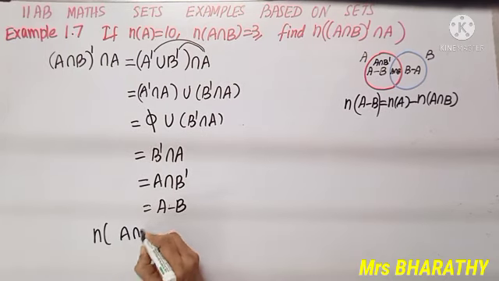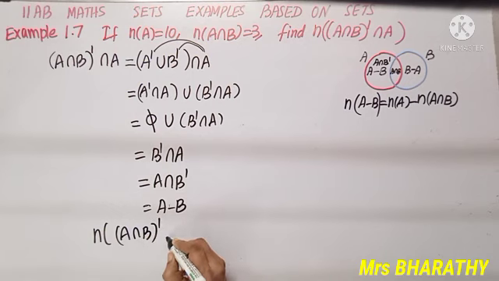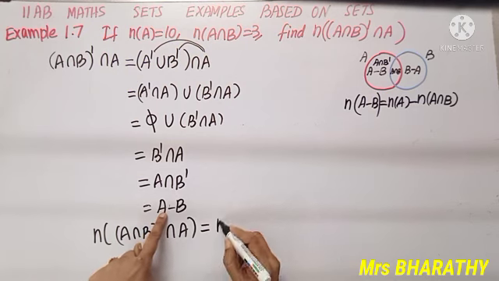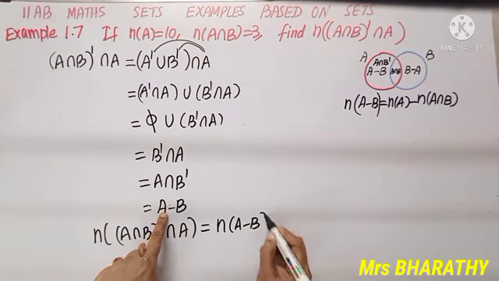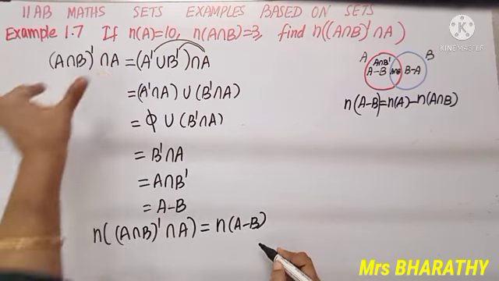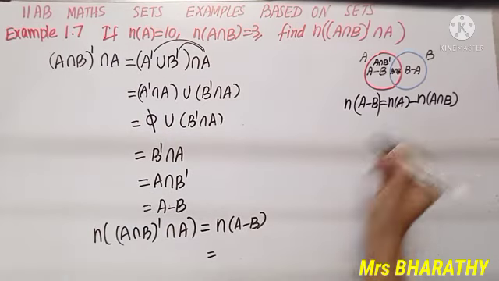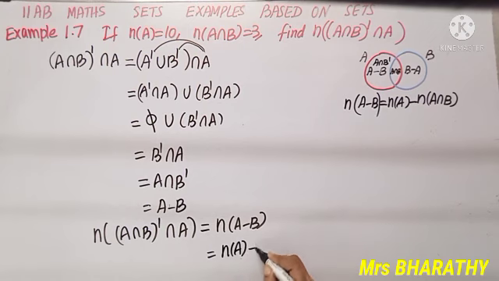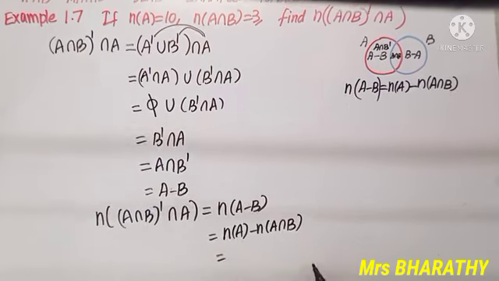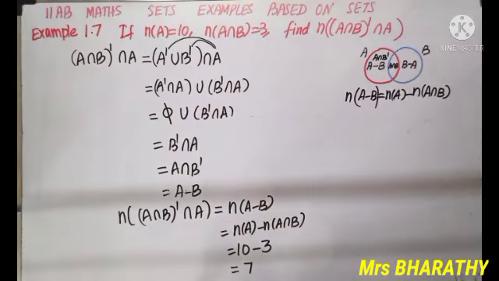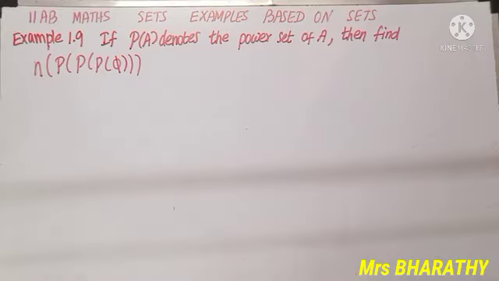N of (A intersection B) dash intersection A is nothing but n of A minus B. So this full part we have reduced as A minus B. What is n of A minus B? N of A minus n of A intersection B. N of A is 10. N of A intersection B is 3. 10 minus 3 is 7, and that completes the answer.